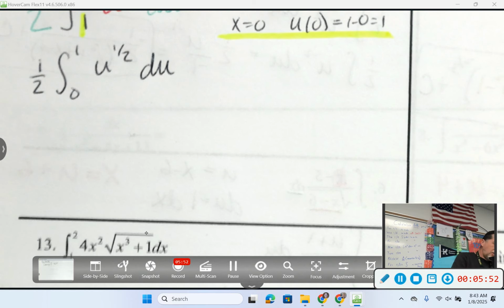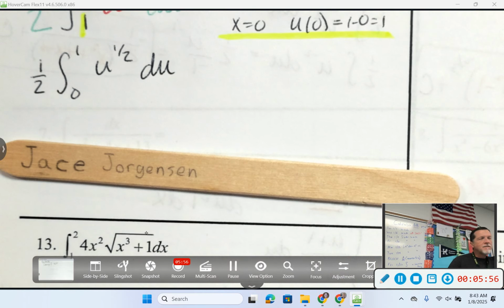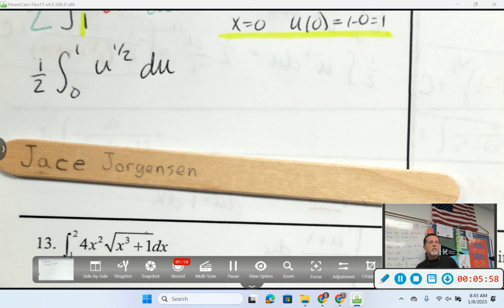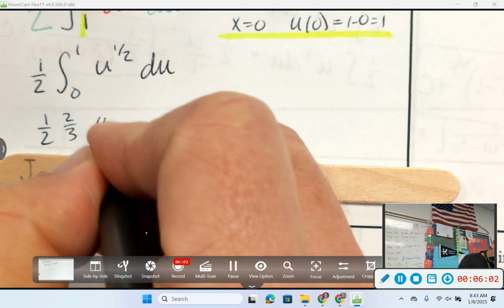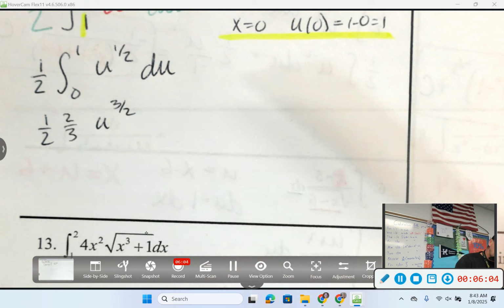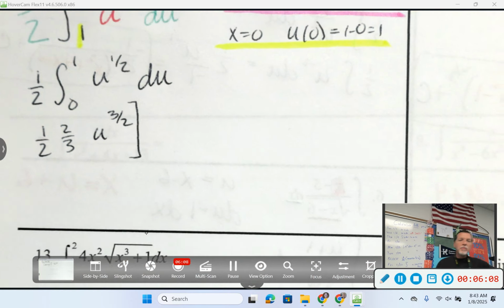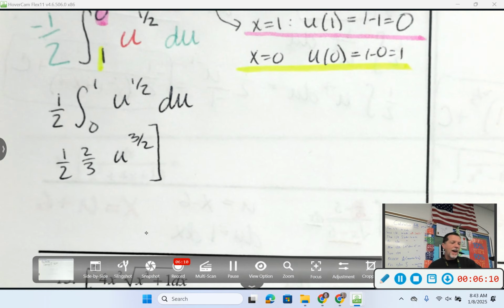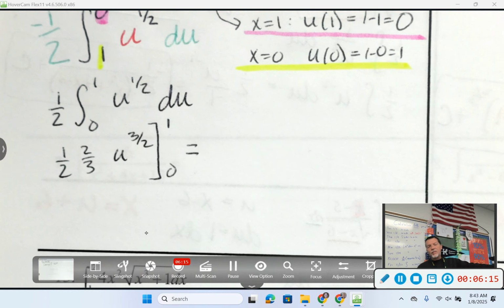Let's see. Jace, how about the antiderivative of u to the 1/2? 2 over 3 u to the 3/2. Yes. And then I don't have to put my x stuff back in because I have limits with u on them. So I'm done with x's for this problem. I'm just going to finish it out in u terms.